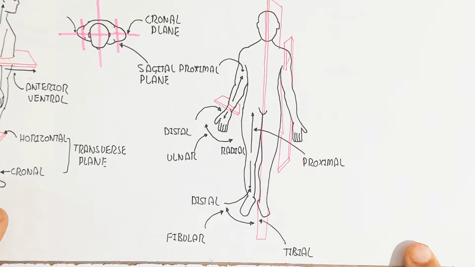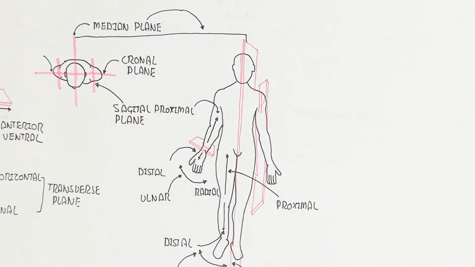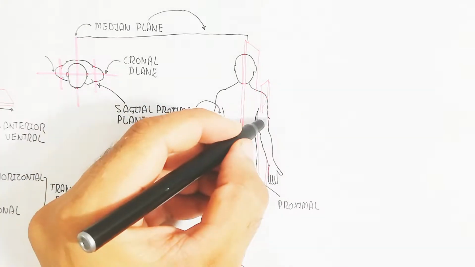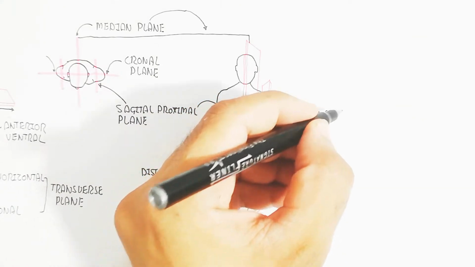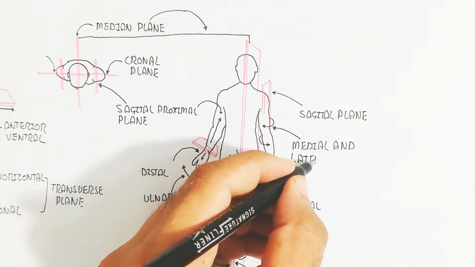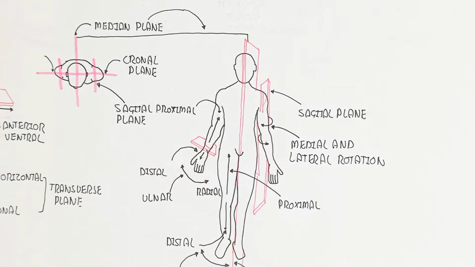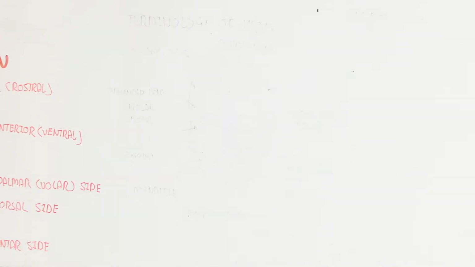This is the fibular and tibial side, and this is the sagittal plane. This is the medial and lateral rotation of the arm. Anyhow, this is the median plane.